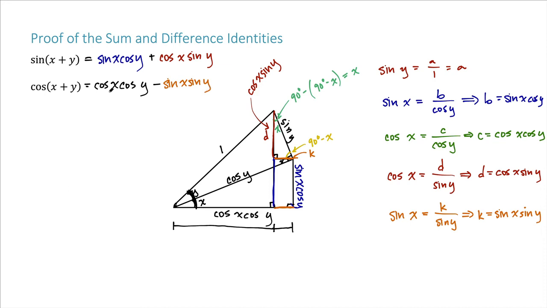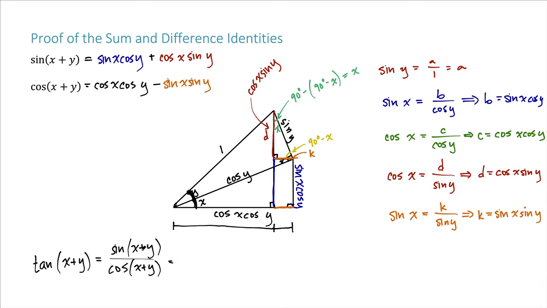So those are the proofs of the sum identities for sine and cosine. And from these, we can also prove the formula for the sum identity for tangent. I'll go ahead and do that down here. Tangent of x plus y, well, tangent is sine over cosine. So this is sine of x plus y over cosine of x plus y.